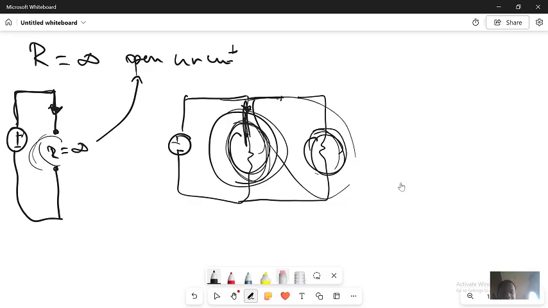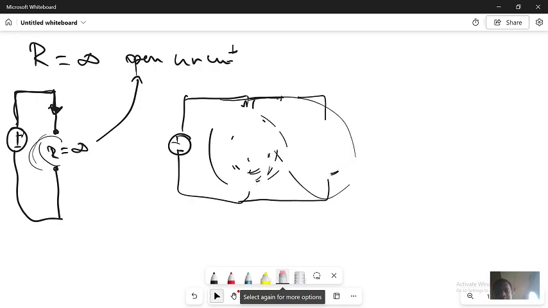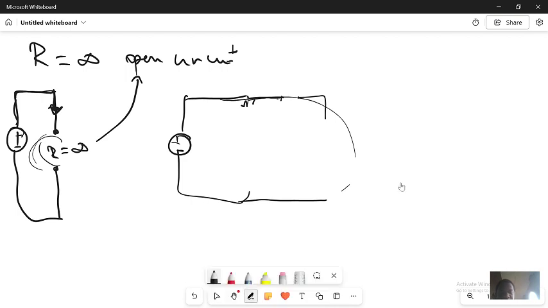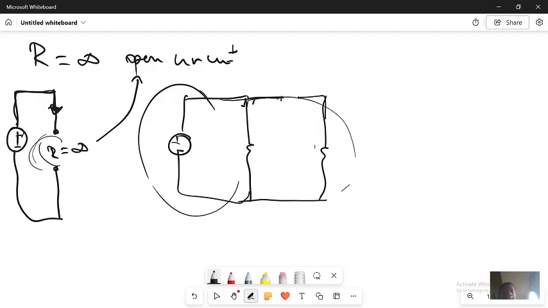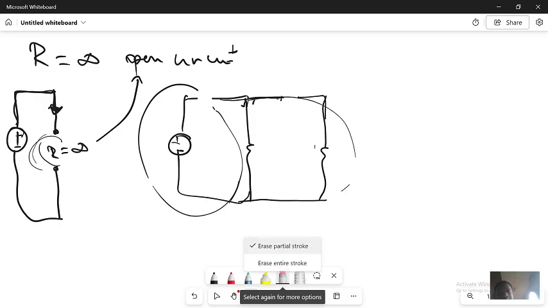If there is no current here, or the lamp here is not working, it means the problem is in the part between the source, maybe an open circuit here. If we have an open circuit, there will be no flow of current.